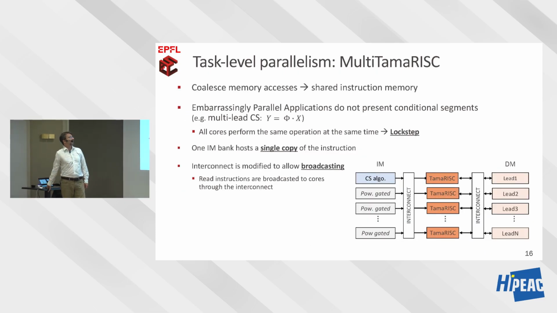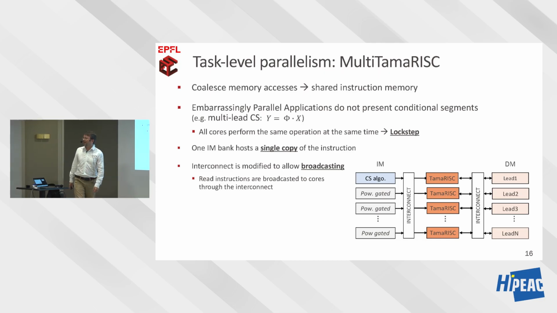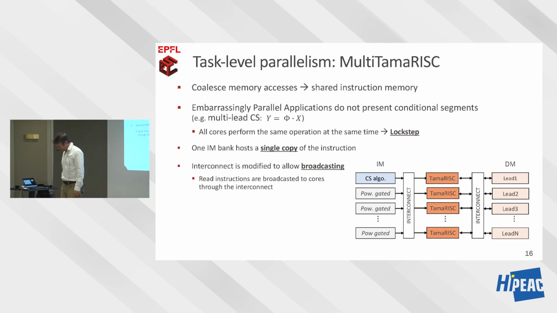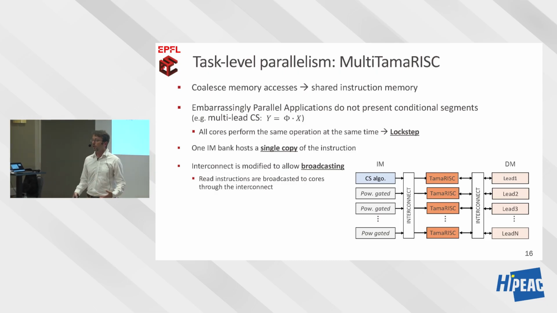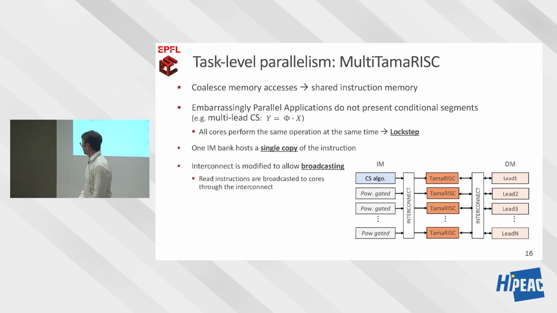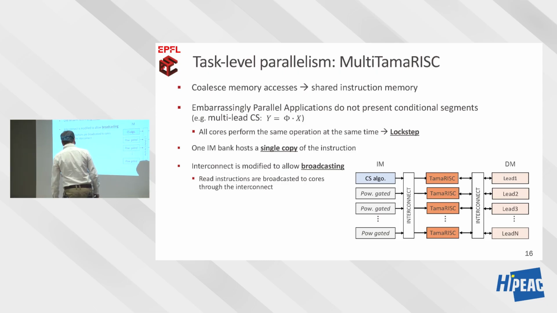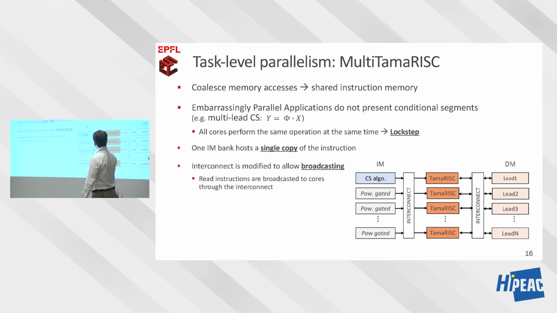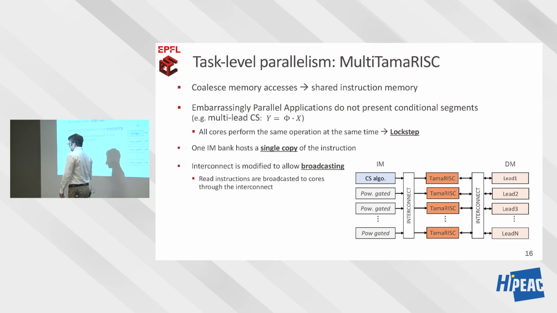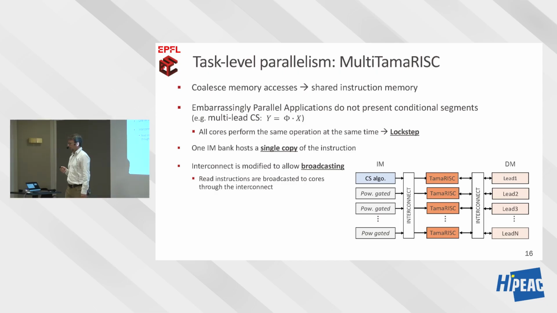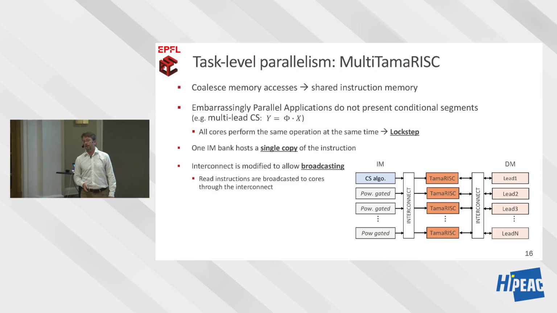So we decided that having all these private memories was not the right solution. We wanted also to have a shared multi-banked instruction memory. So now we have a nice simple architecture in which we have multiple banks of instruction memory, crossbars, processing cores, multiple banks of data memory. This is very nice if our application is embarrassingly parallel.